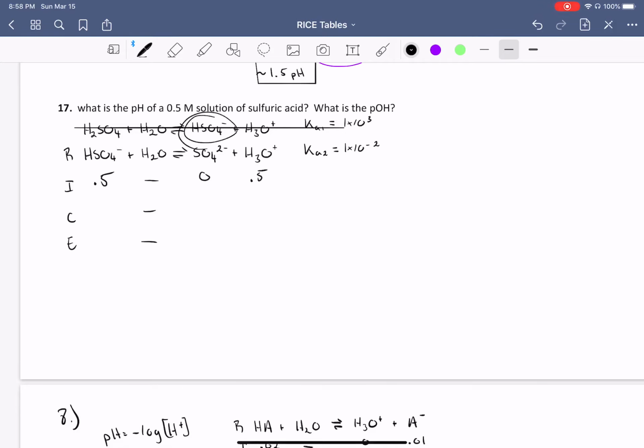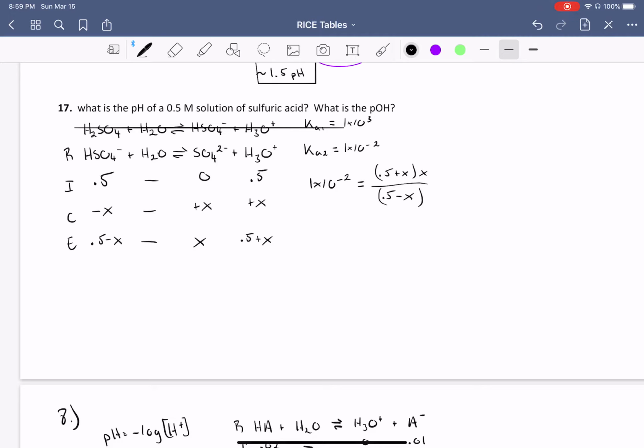It's not the same as HSO4 minus. And so we know that we are going to lose x, gain x, gain x, at equilibrium of 0.5 minus x, and then 0.5 plus x. And like I said, we're going to use this Ka value. We have 1 times 10 to the negative second equals 0.5 plus x times x over 0.5 minus x.